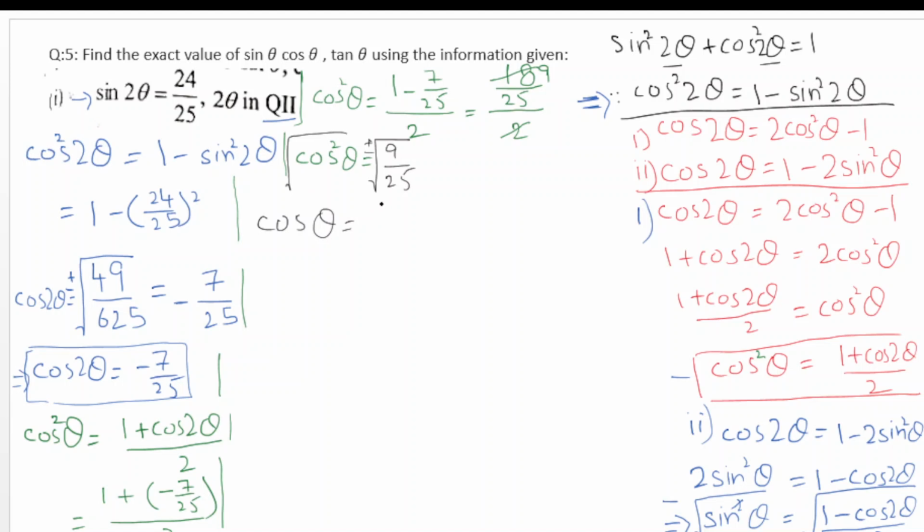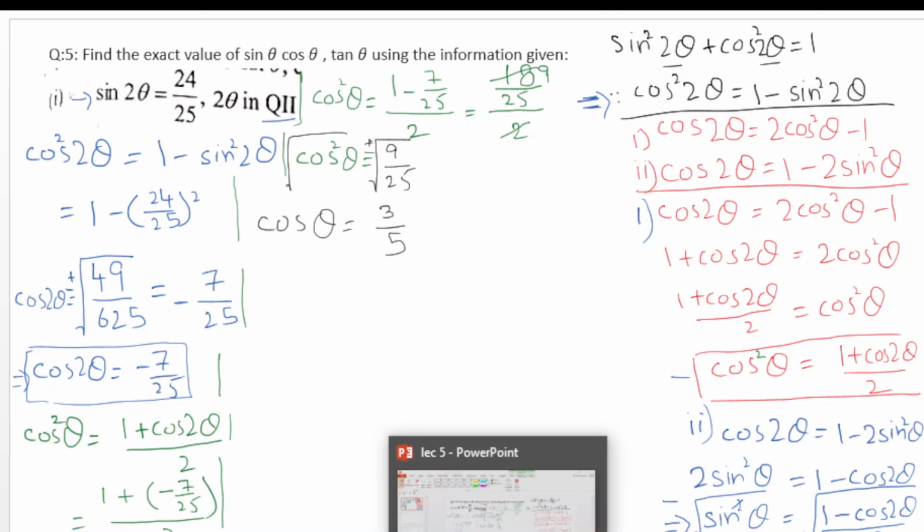So that will be 3 by 5. We will not consider plus minus here, because we already dealt with the sign earlier in cos 2 theta, where we already had the negative sign.